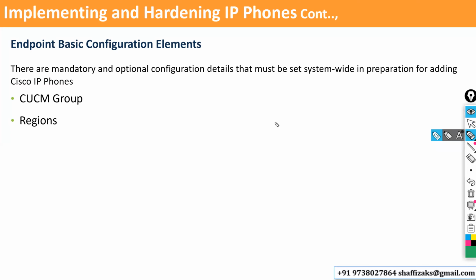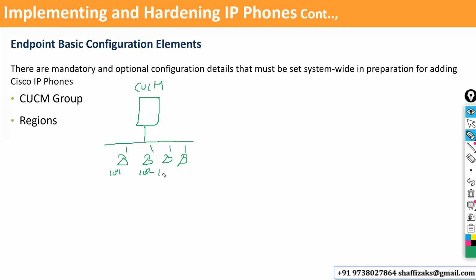Example, I am having a CUCM. This is my CUCM cluster. Internally, a few IP phones are registered, with extensions 1001, 1002, 1003, 1004. I want to make a call from one device to another device.